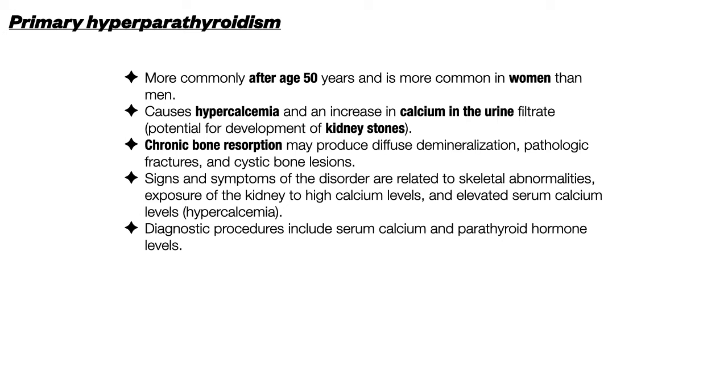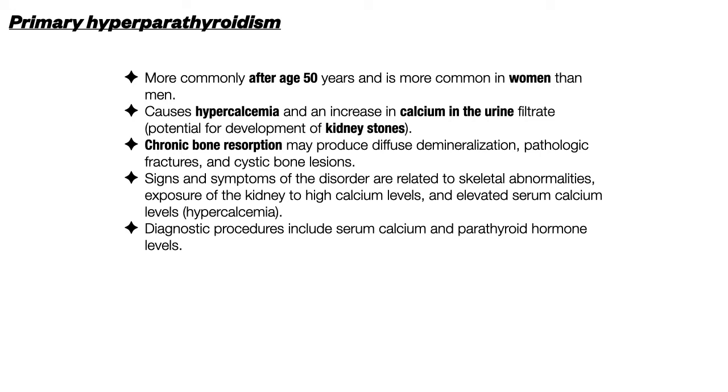And well, the signs and symptoms of the disorder are related to skeletal abnormalities, because the bones are the main storage of calcium. Also, it will produce kidney pathology, because the kidney is constantly exposed to high levels of calcium, and you will also have elevated serum calcium.